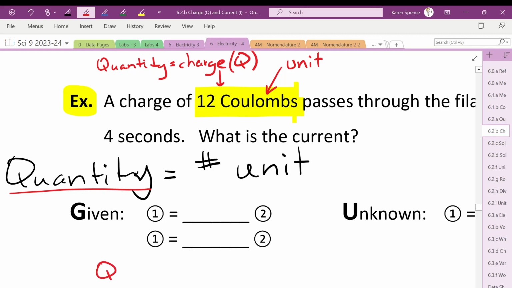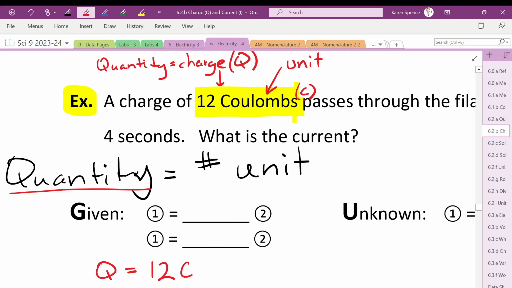So that's going to be Q. We are given Q. And we know that Q is equal to a certain number of units. How many, and what type of unit? There are 12, and the unit is coulombs. And what is the abbreviation for coulomb? That's a C. That's it. Okay, so coulombs are C.